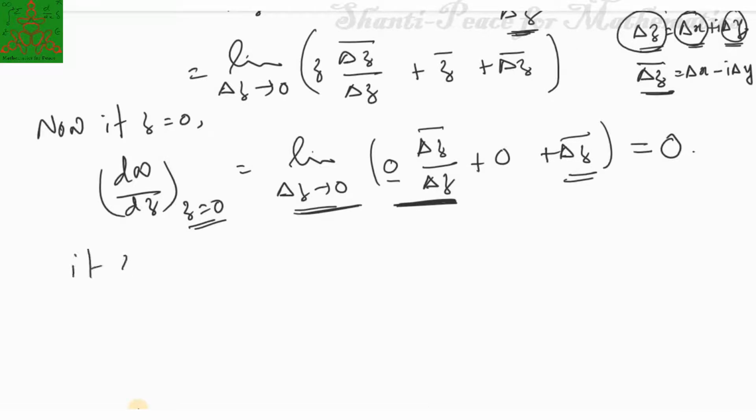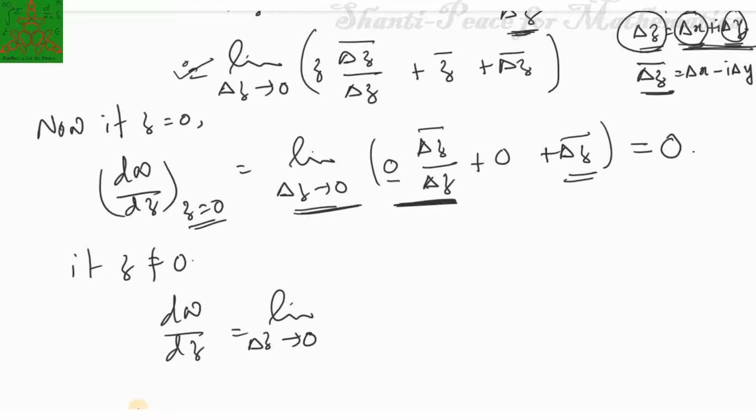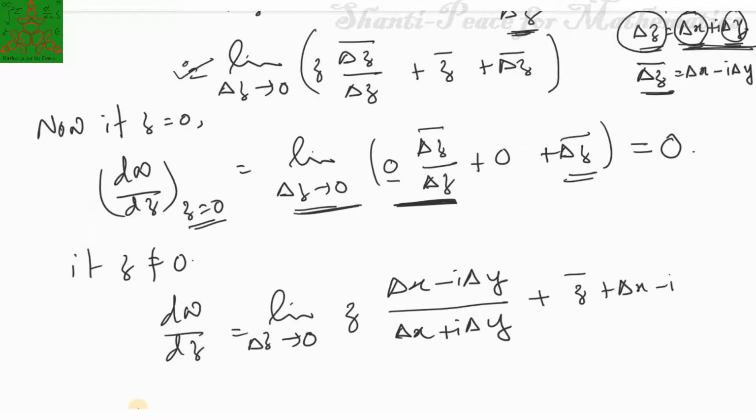So if z is a non-zero point, then the limit as delta z tends to 0 is this. Now I may write delta z as delta x plus I delta y. So this equation I can rewrite as z into delta x minus I delta y upon delta x plus I delta y plus z bar plus delta x minus I delta y.